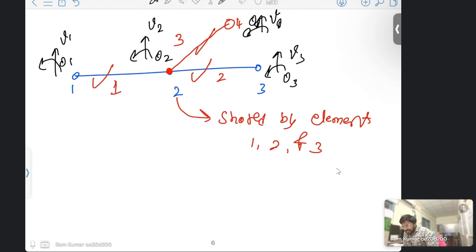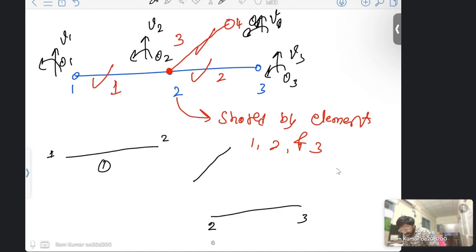So if I say for this element, the first element, I will draw like this here. First element, it is having node 1, node 2. And then second element, it is having node 2, node 3. And third element having node 2, node 4. See, this node is common in all these three elements.